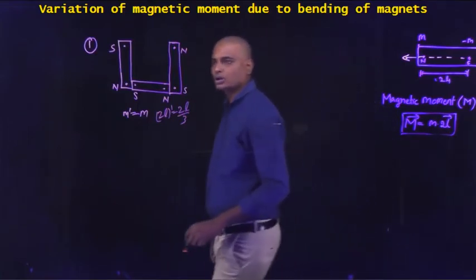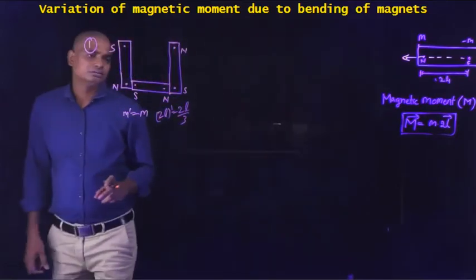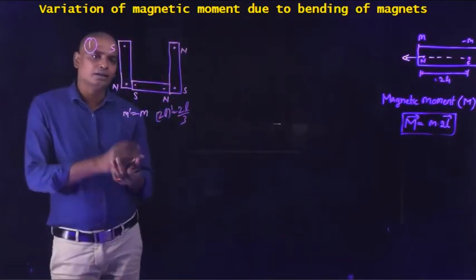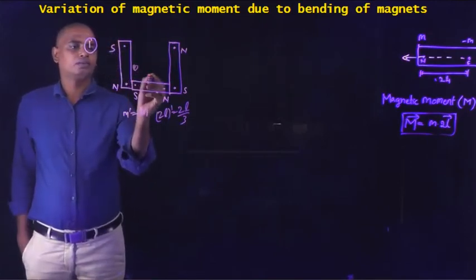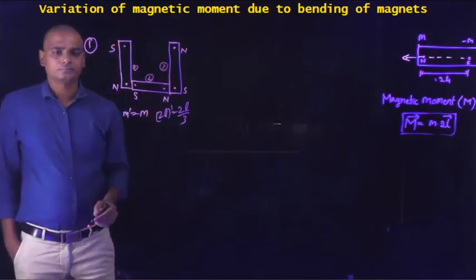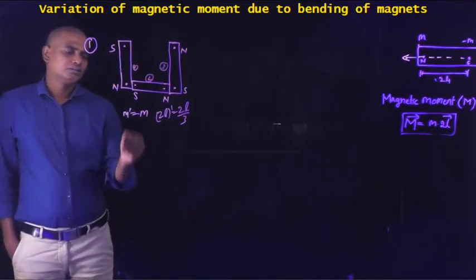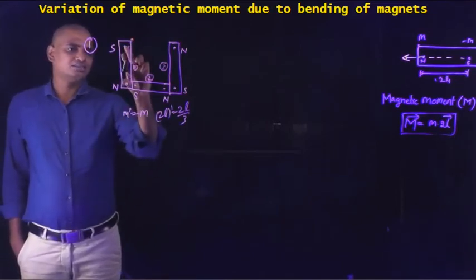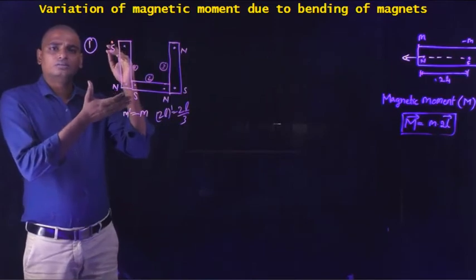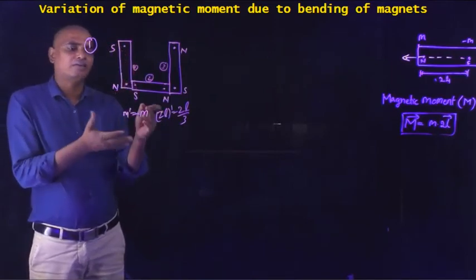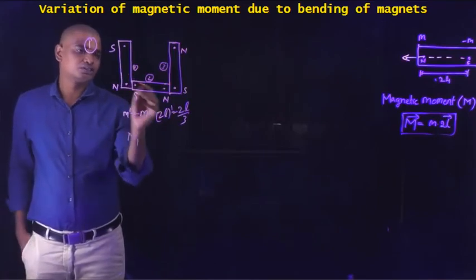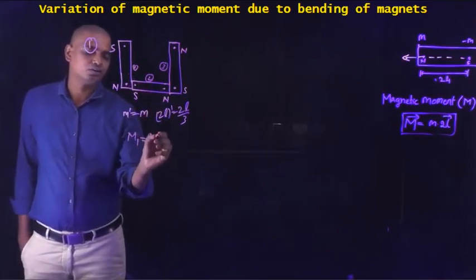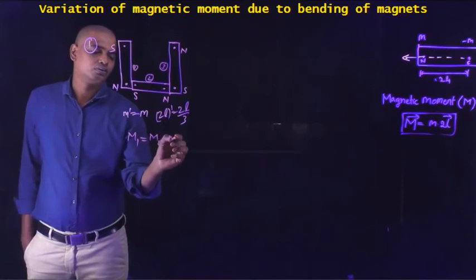So the dipole moment of each magnet, the first one, second one, and third one, as they are of equal length and equal pole strength, m1 is equal to m2 is equal to m3.